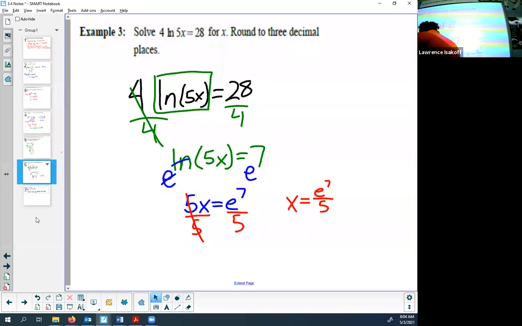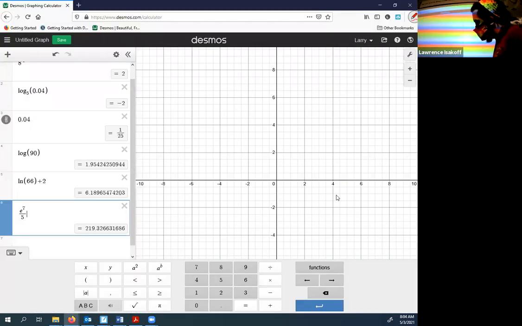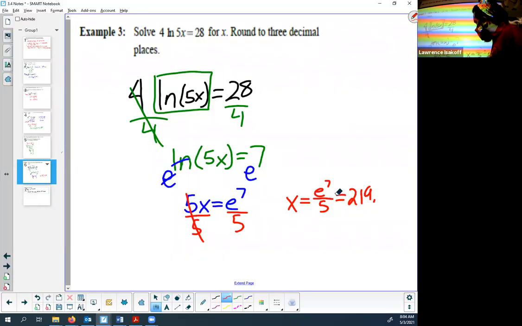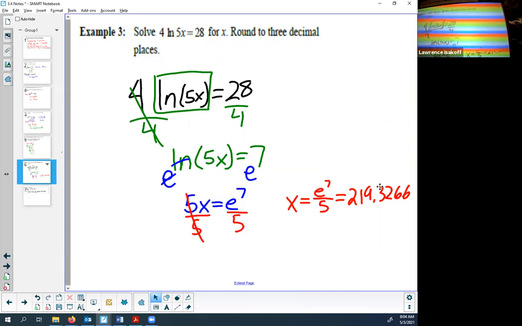And again, I prefer you go 4 decimal places, but I need a minimum of at least 2. 3266. Awesome. And that's it. Any questions about this right now?